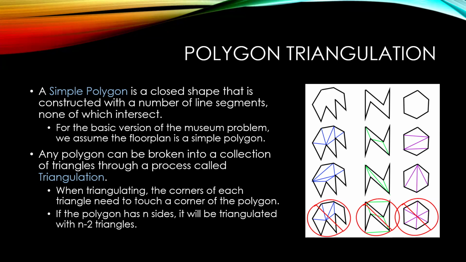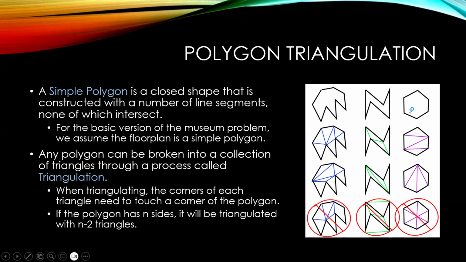For the basic versions of the museum problem, we assume the floor plan is a simple polygon. Any simple polygon can be broken into a collection of triangles through a process called triangulation. When triangulating, the corners of each triangle need to touch a corner of the polygon. If the polygon has n sides, it will be triangulated with n minus 2 triangles.